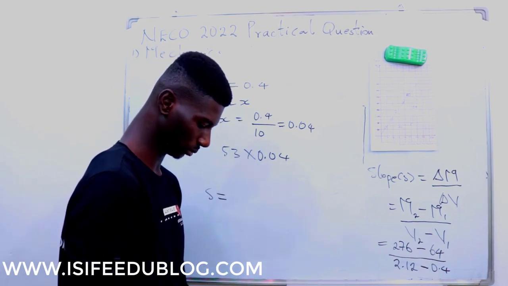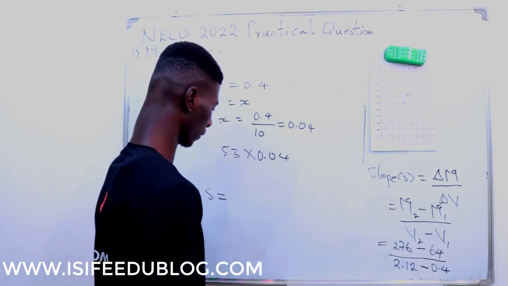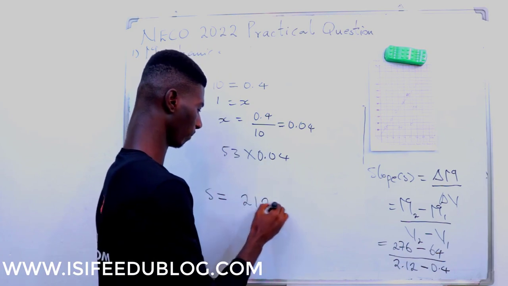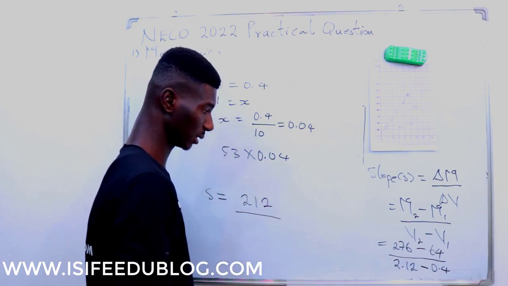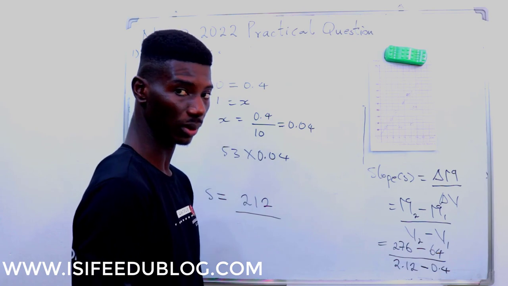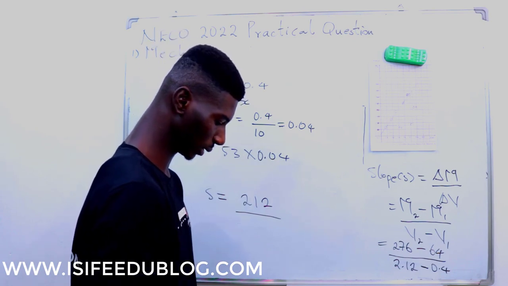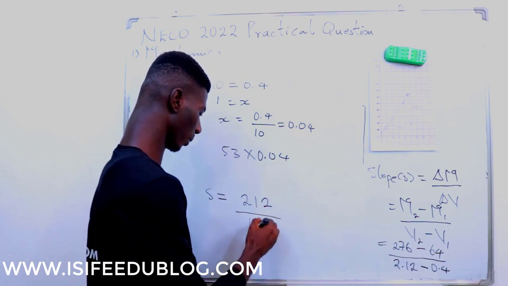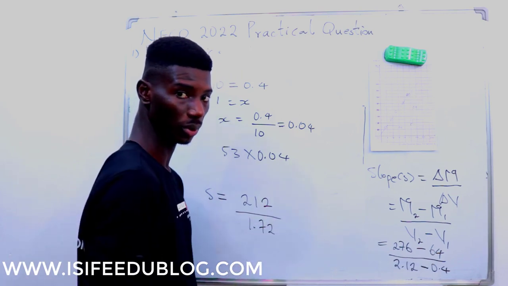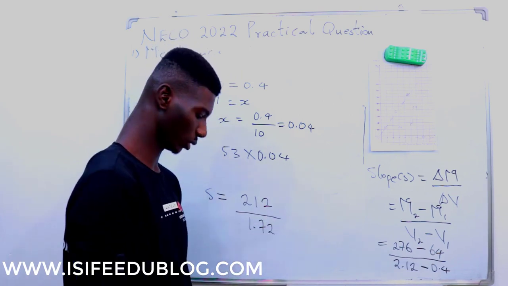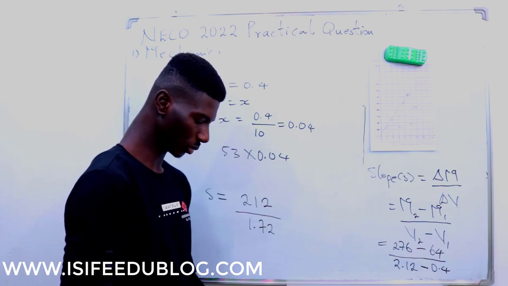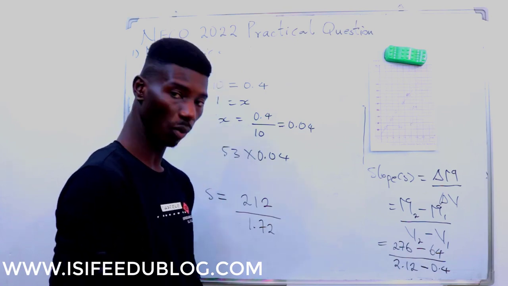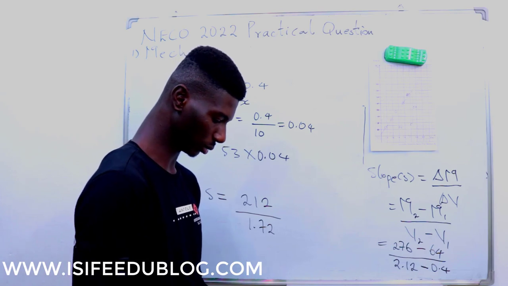This will give us 212, divided by 2.12 minus 0.4. 2.12 minus 0.4 gives us 1.72. So let's divide 212 by 1.72.